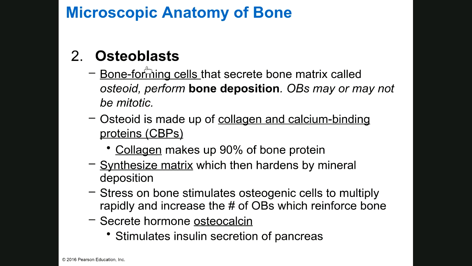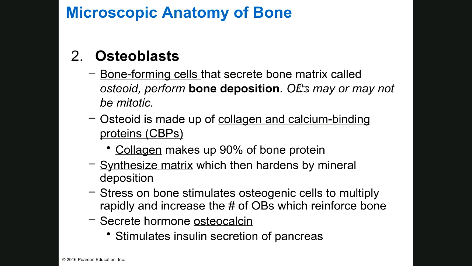Osteoblasts build up bone tissue and do this very important process called bone deposition. They are literally depositing bone tissue. Very important cell. Now, osteoblast, again, it's a blast, so that means it can be mitotic.